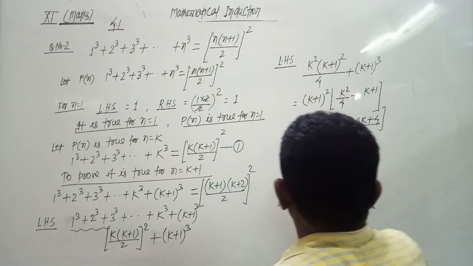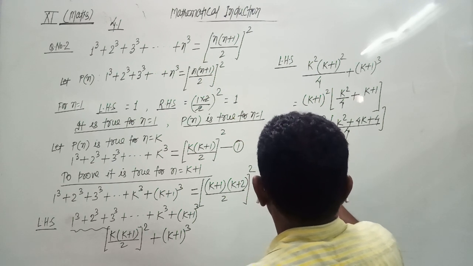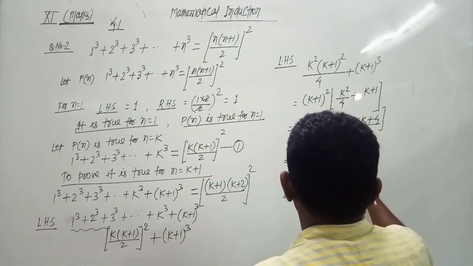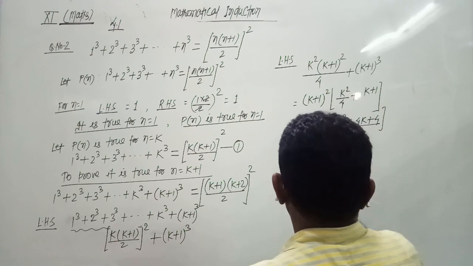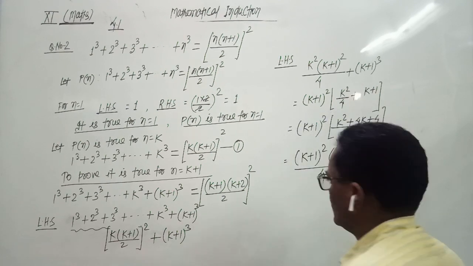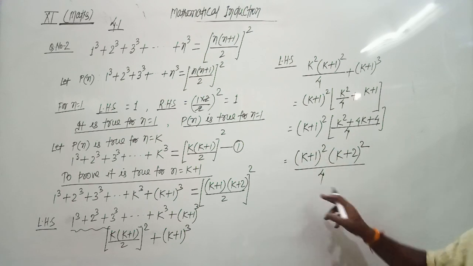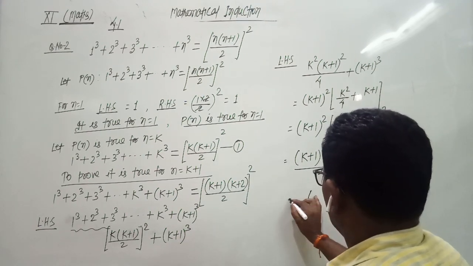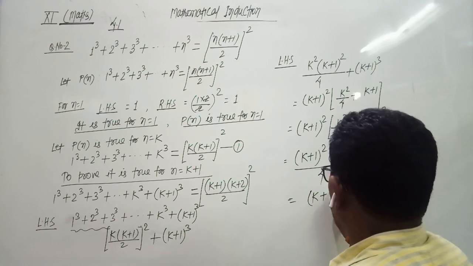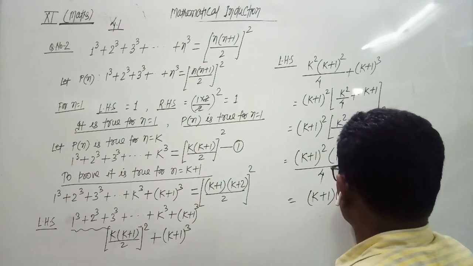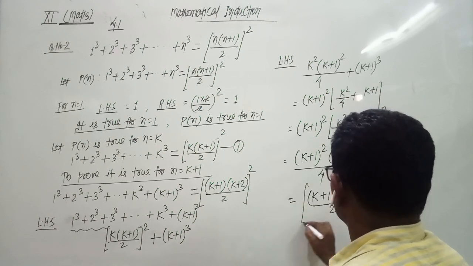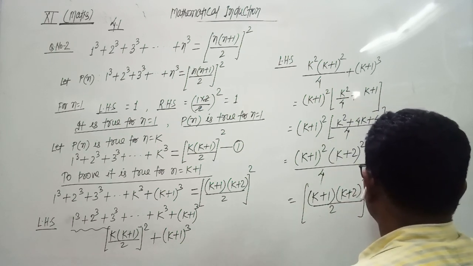So this expression can be written as k plus 1 the whole square, and this can be written as k plus 2 the whole square upon 4. And the entire term can be written in a single square, k plus 1 into k plus 2 upon 2 the whole square, and that is RHS.